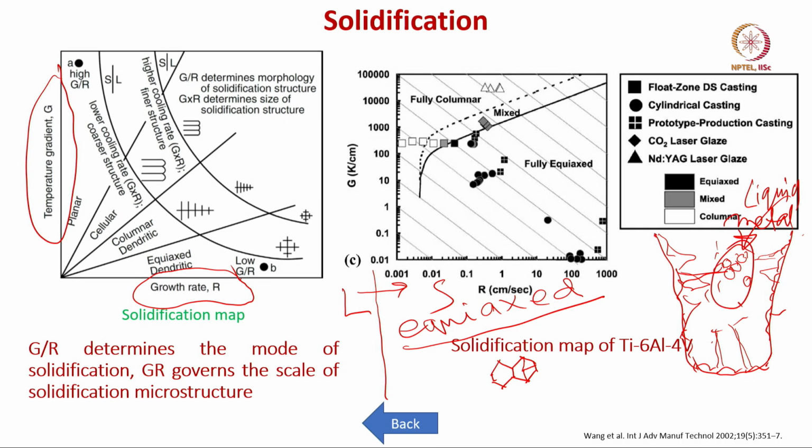So, when equiaxed grains form, and when equiaxed grains undergo transformation to columnar grains, these all depend on the combination of these G and R values, that is the temperature gradient and growth rate.